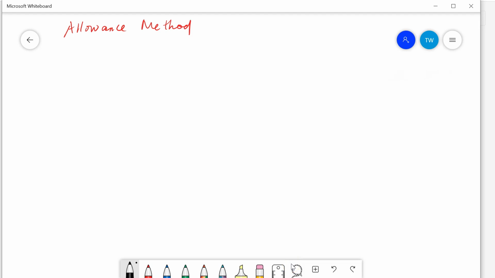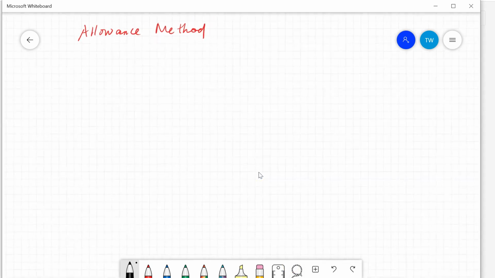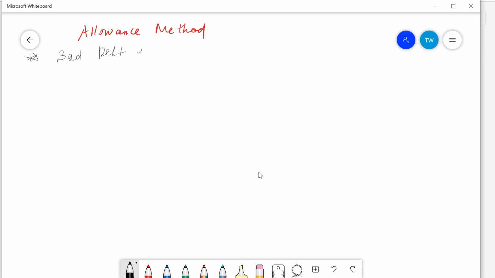The accounts we will be using, pay attention to these two accounts. One is called bad debt expense, and the other one is called allowance for doubtful accounts.